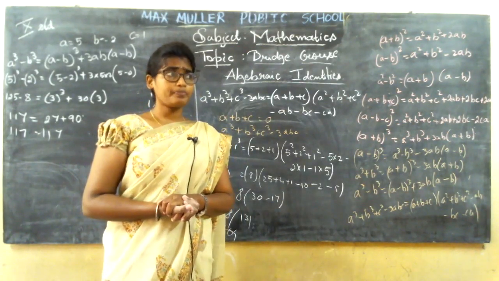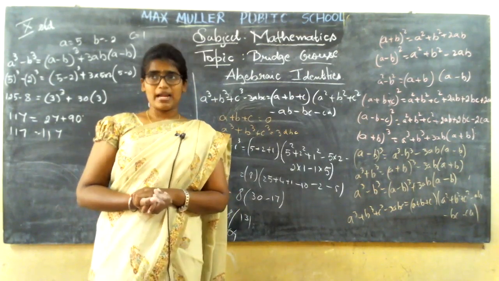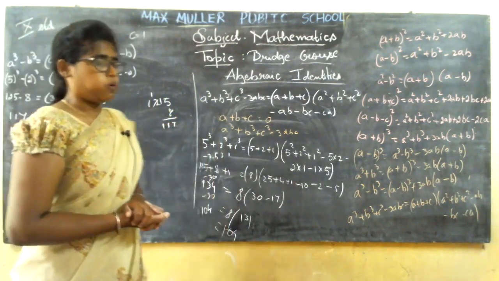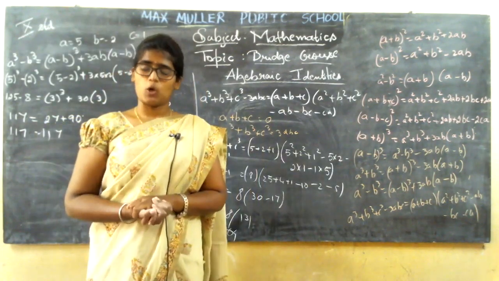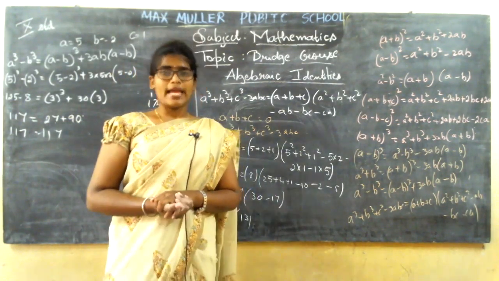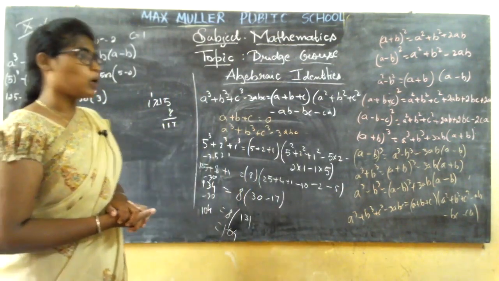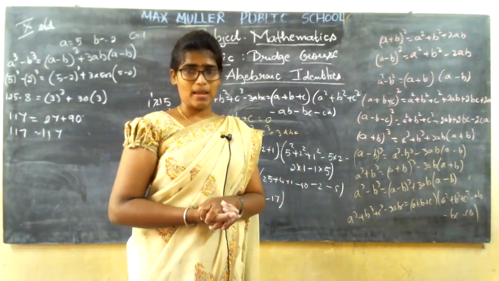Then a cube minus b cube formula is a minus b the whole cube plus 3ab into a minus b. Next, you have a minus b the whole square formula, which is a square plus b square minus 2ab.